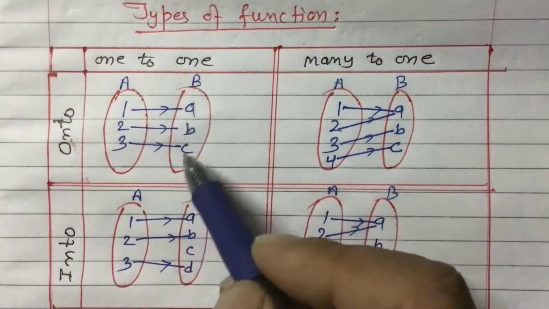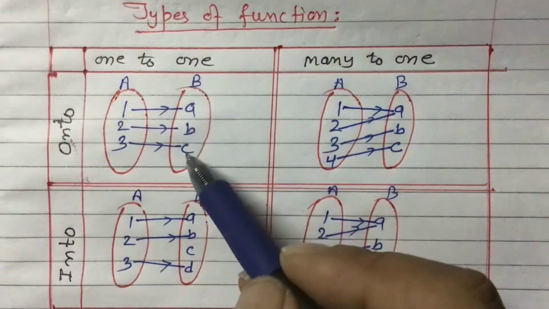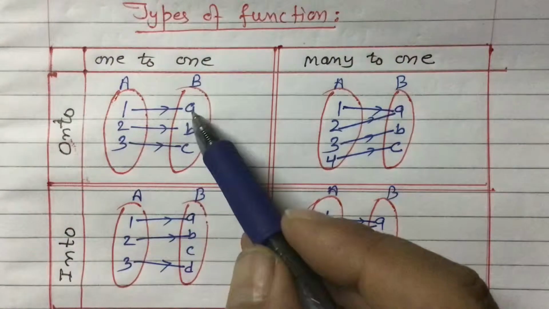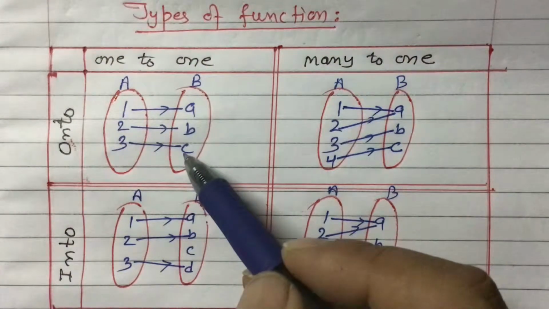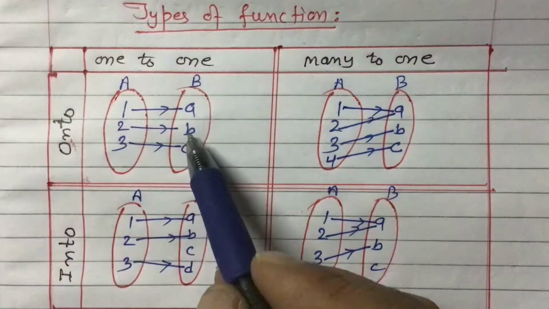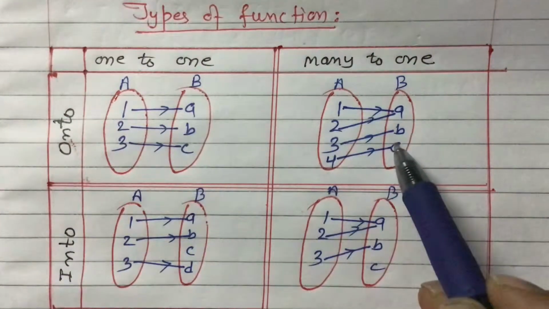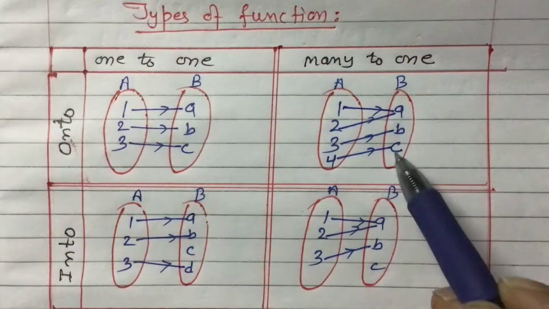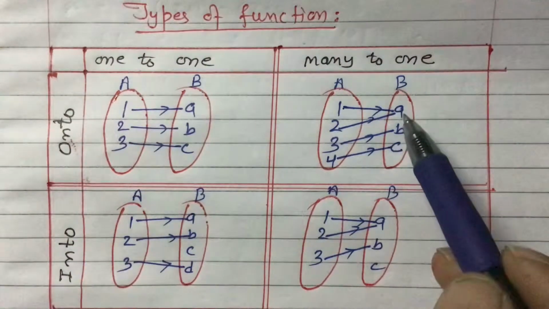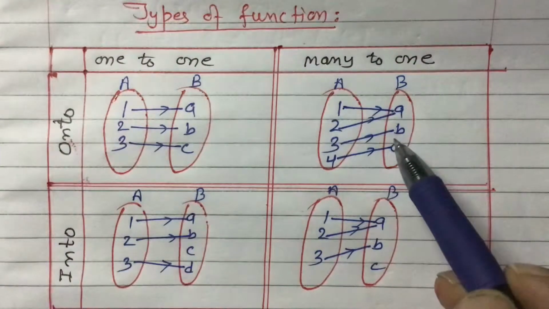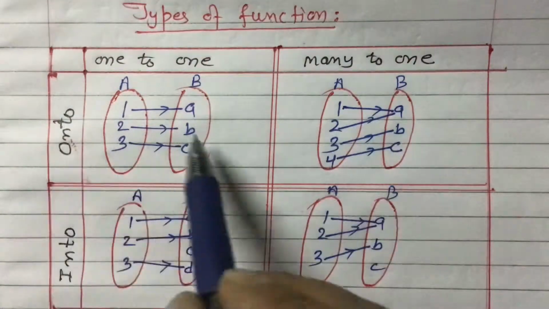So here codomain contains the elements A, B, C, and range also contains A, B, C. So in this function, codomain and range are the same. Similarly in this, codomain contains A, B, C, and range also contains A, B, C. So codomain and range are equal. So these two functions are onto functions.